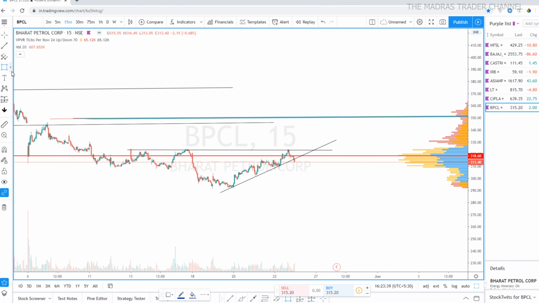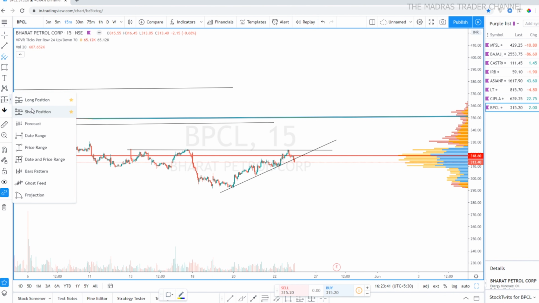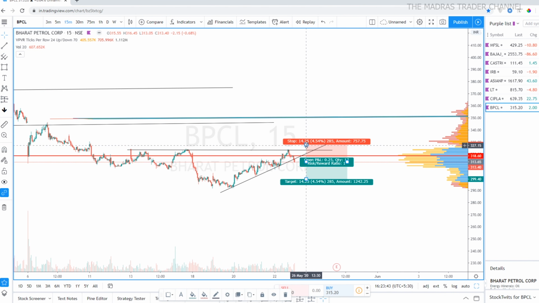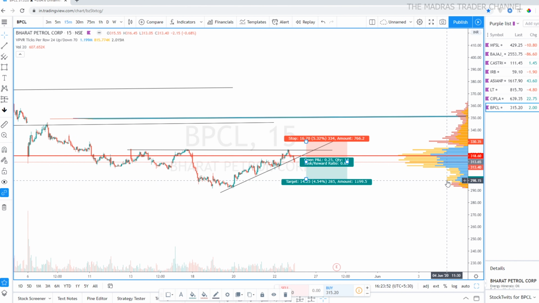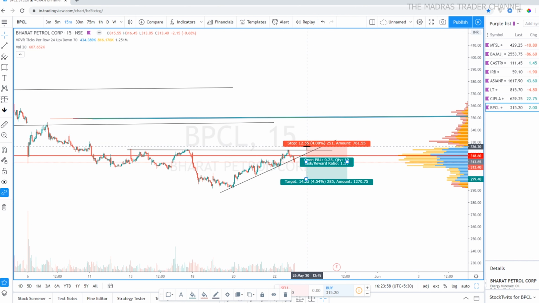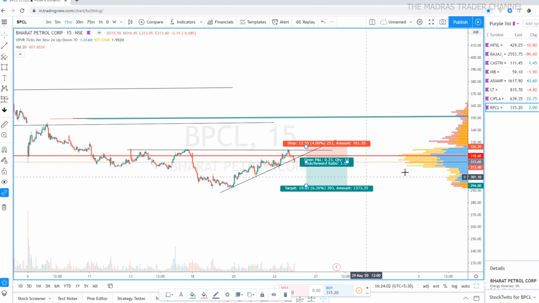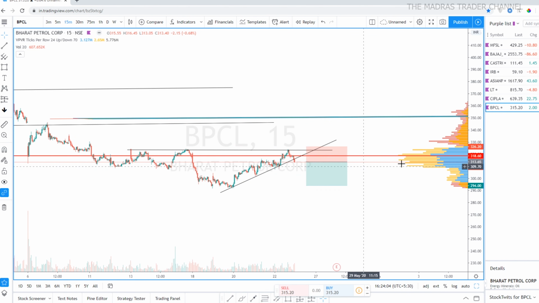So probably we can take a short position with the stop loss on top of the trend line and also this high value node, right? Our target could be somewhere around 298 maybe. Here the stop loss should be here. 1:1 trade or 1:1.5 trade.